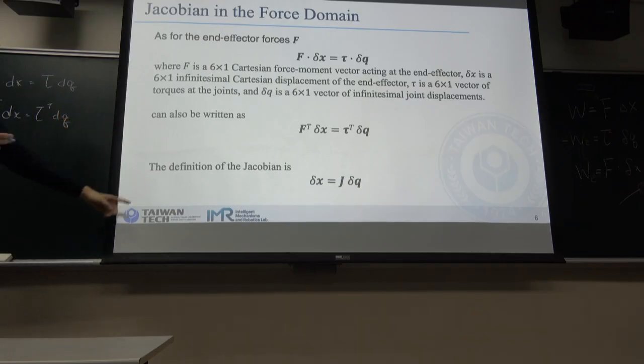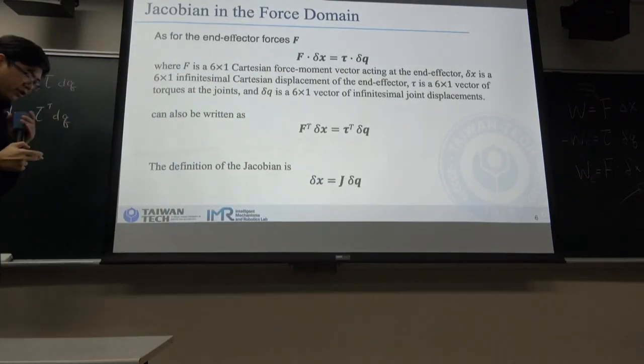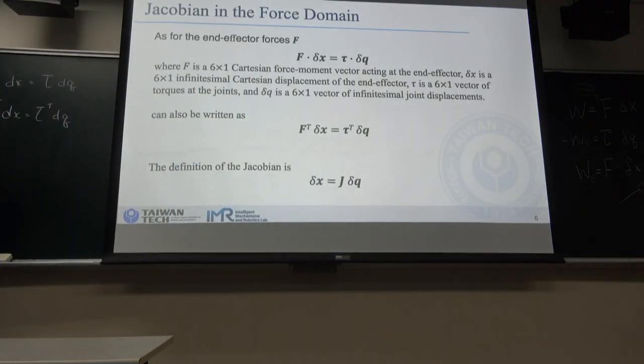And now we can recall what is the definition of a Jacobian. So the Jacobian maps the joint velocity to the end effector velocity. Is it okay?